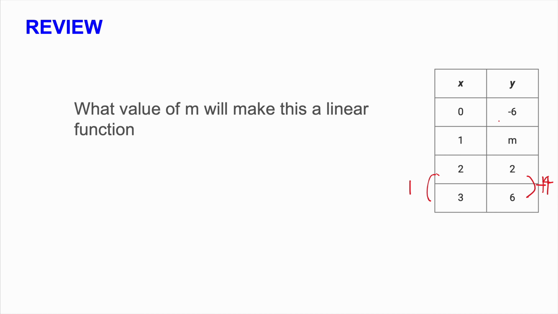So if you realize that this is a plus 4, you do the same thing for it. So here, this is from 0 to 1, a plus 1. So from here to here, what happens? You are going to add plus 4 to this one also. So that gives you negative m is going to be negative 6 plus 4, which gives me m to be negative 2. So that is the easy way to go at it.